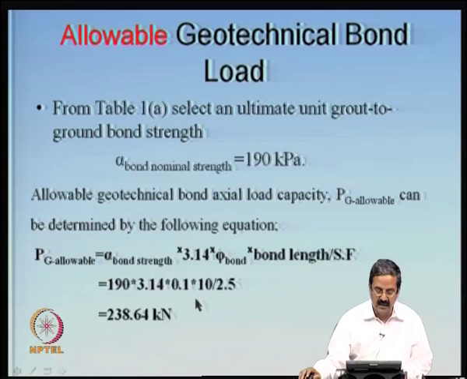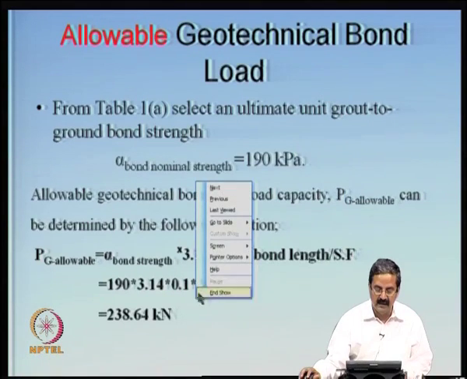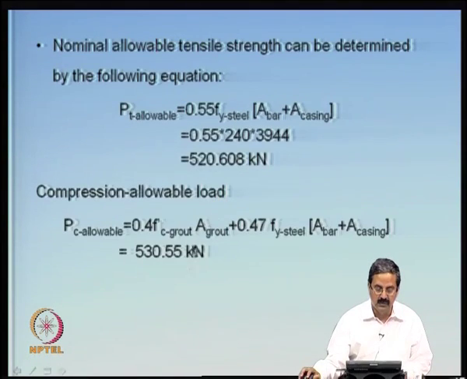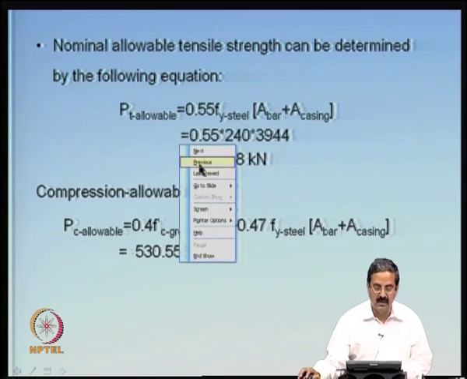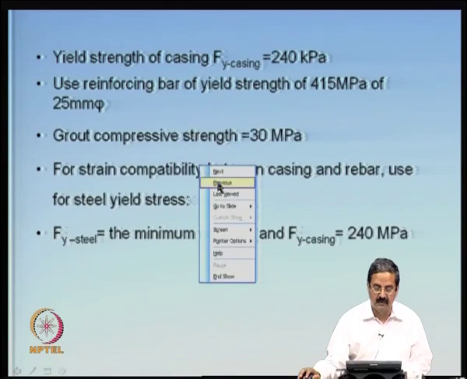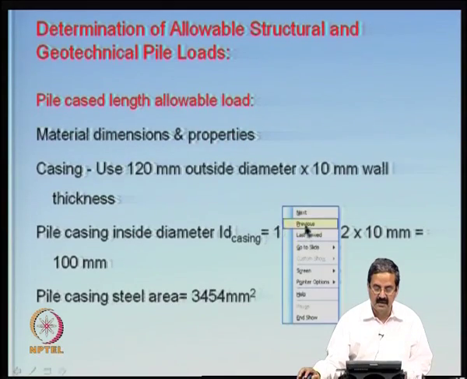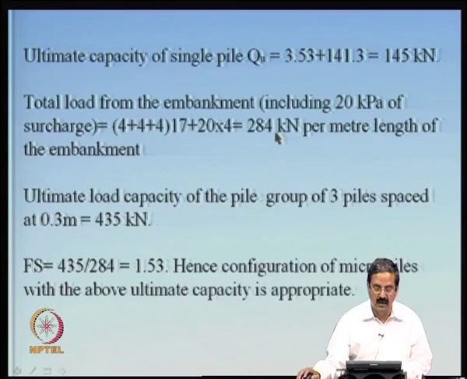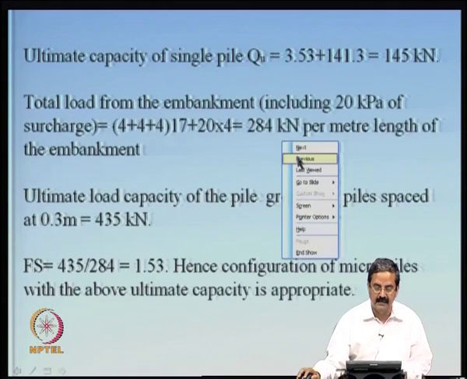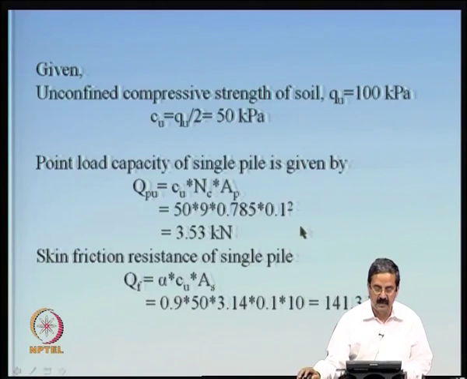So, 238 kilonewtons is quite good compared to 530. We also had a calculation of the number of piles based on some load, how many piles are required, and based on the properties of the soil and other things.